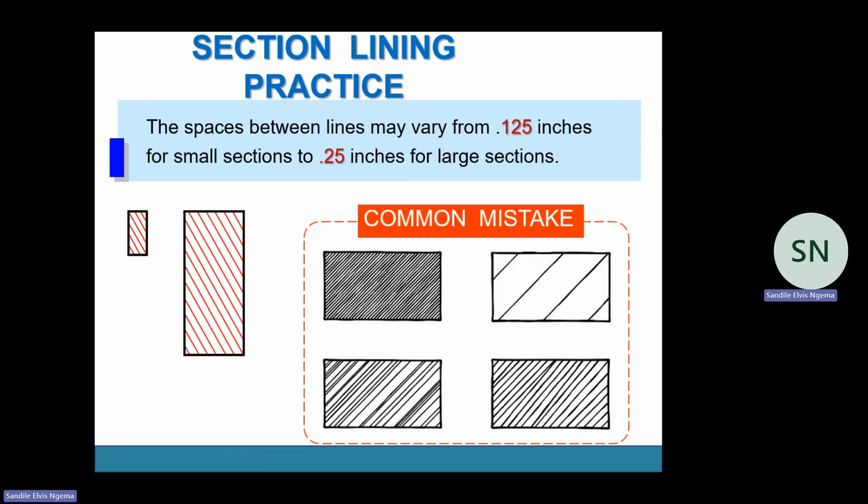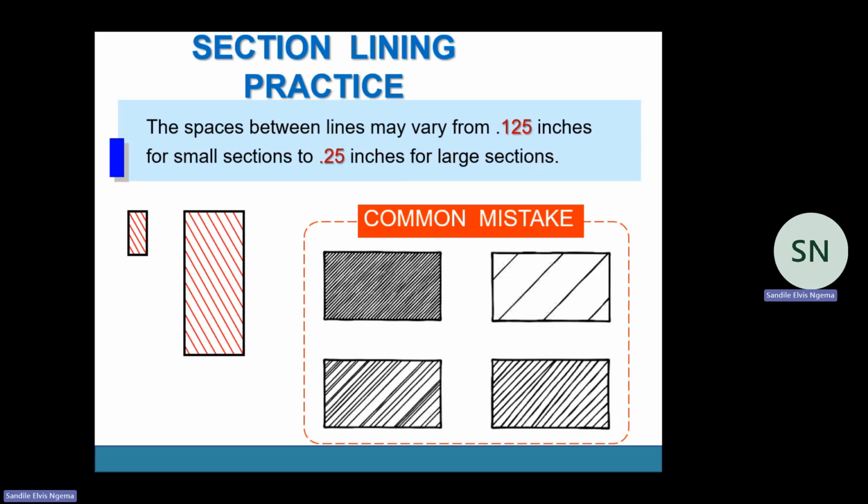So in short, number 1, we need to always remember that whenever we are drawing our sectional lines, they should be at 45 degrees, and there is a set square that we use for sectional lines. Number 2, your sectional lines should not be too close to one another, nor too far apart from one another.